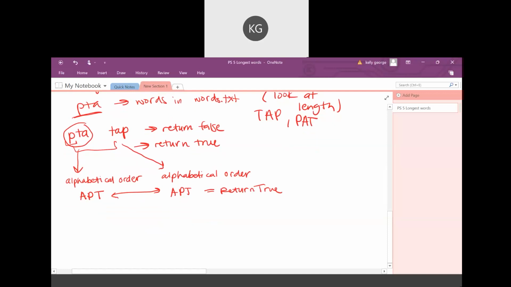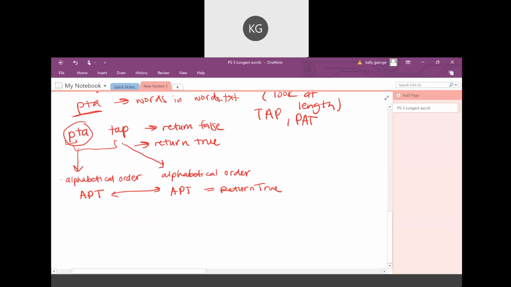Okay? So how are we getting it into alphabetical order? So basically we're sorting, right? So if we create a function that sorts it into alphabetical order, we can use insertion sort.